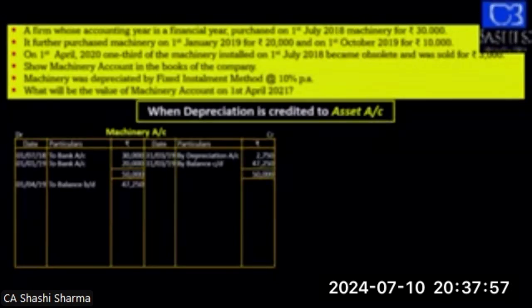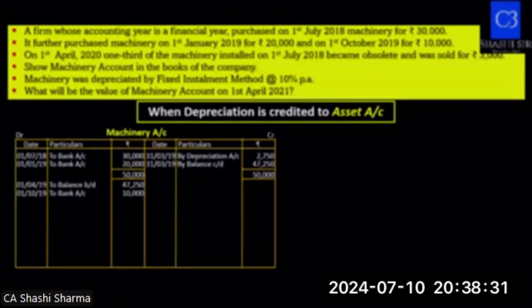Then once again, in this year, second machinery was purchased. So again, we will have to debit this account. So here is the entry to bank and rupees 10,000. Excepting this purchase, there is no other purchase or sale in the second year.